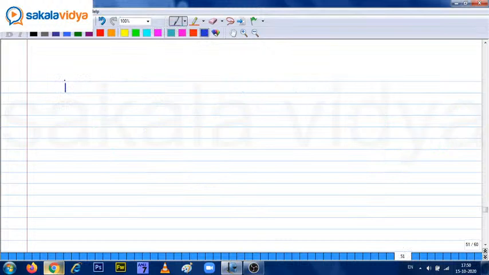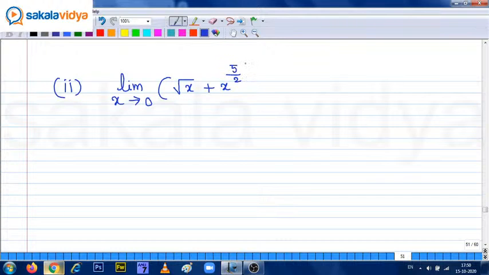Second question. Limit x tends to 0, root x plus x to the power of 5 by 2. Okay, solution. Limit x tends to 0, root x plus x to the power of 5 by 2.